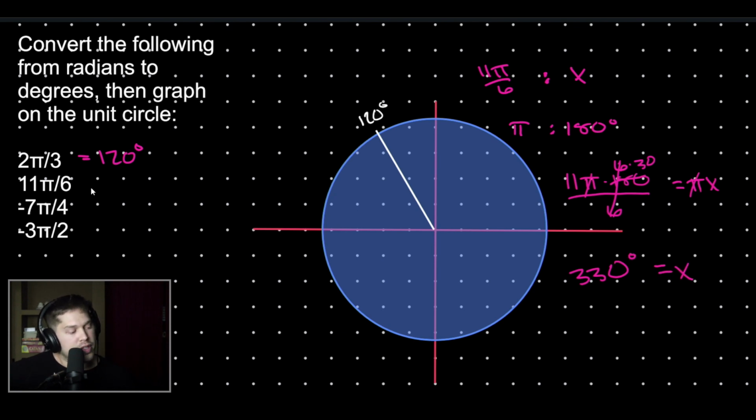So 11 pi over 6 converts to 330 degrees. Okay, where is 330 degrees? Well, it's going to be right here, just about. This is at 330 degrees. Excellent.